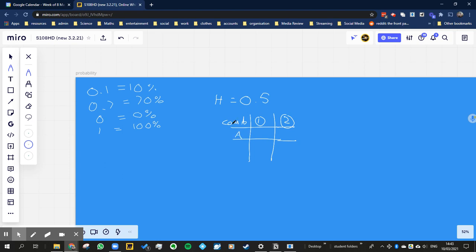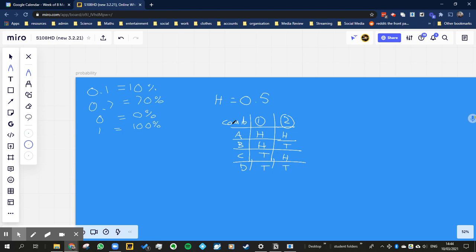So option A, I could have head followed by head. Now that's the one we're looking for, but that's not the only possibility, is it? I could get head followed by tails, or tails followed by heads, or in fact tails followed by tails.